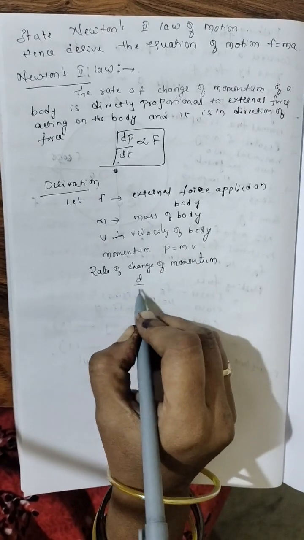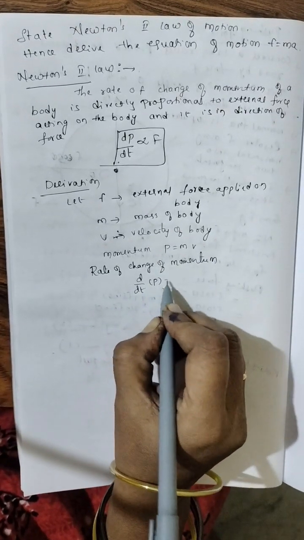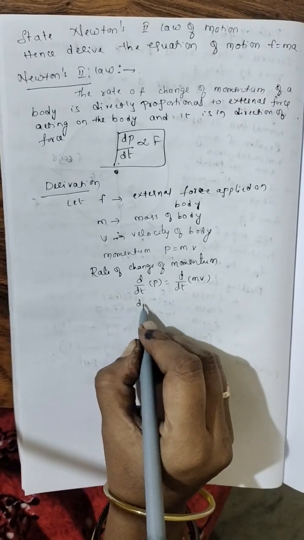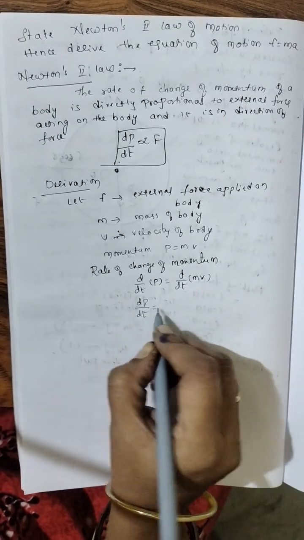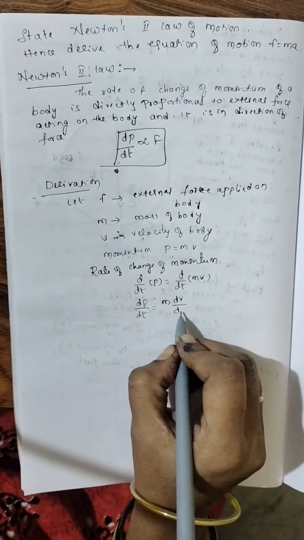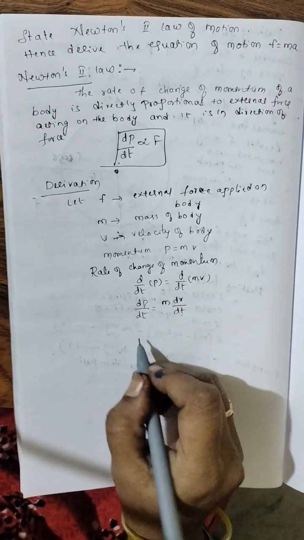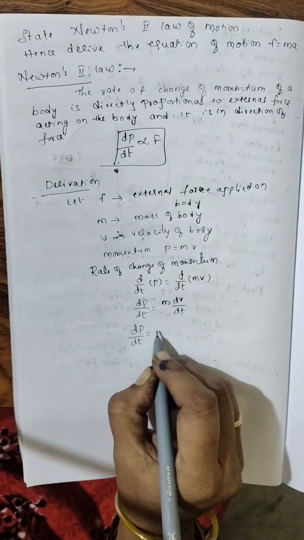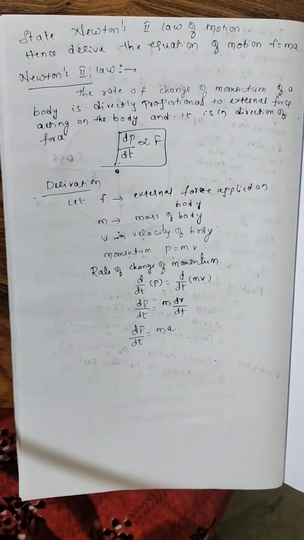What will we write? d by dt of P is equal to d by dt of mv. That is, dp by dt is equal to, m is constant, I am writing outside, m dv by dt. What is the rate of change of velocity? Rate of change of velocity is nothing but acceleration.